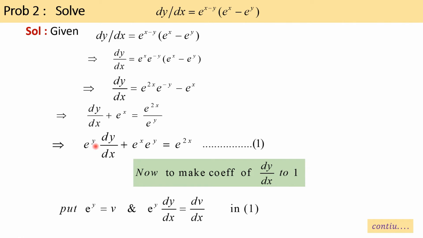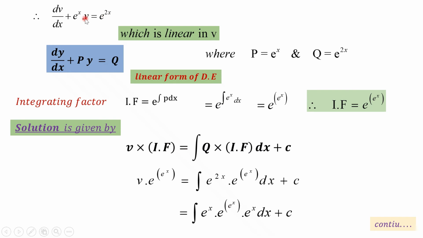For making it 1, simply substitute e^y = v and differentiate it. e^y dy/dx = dv/dx in equation 1. Thus we get dv/dx + e^x · v = e^(2x), which is linear in v.